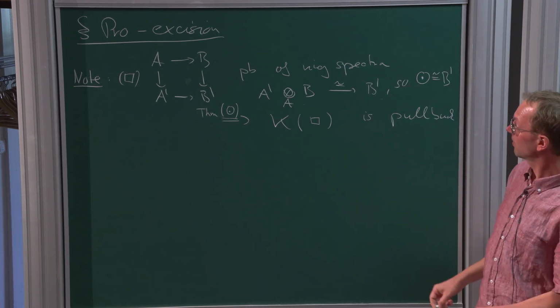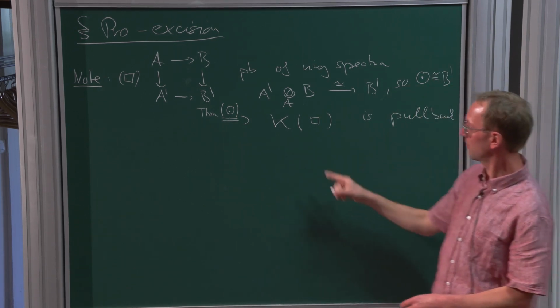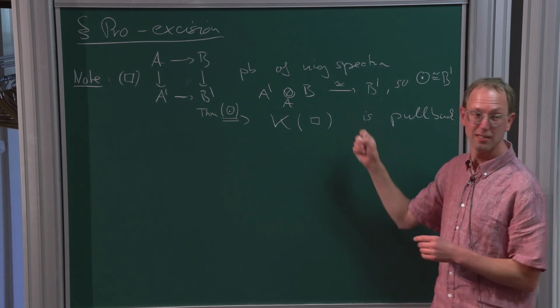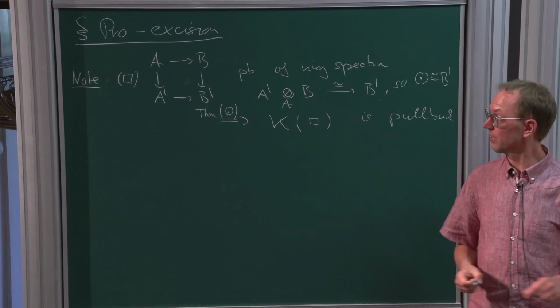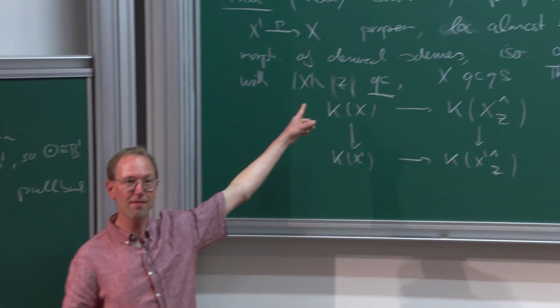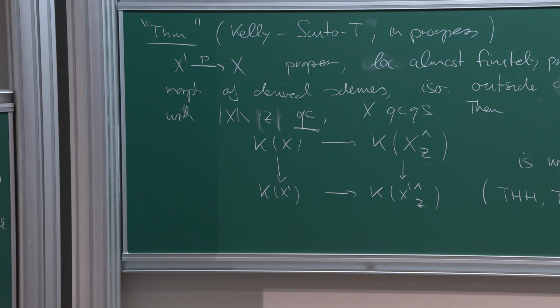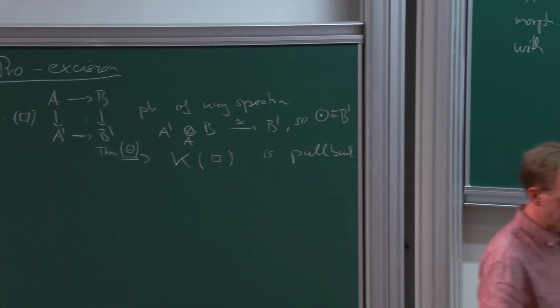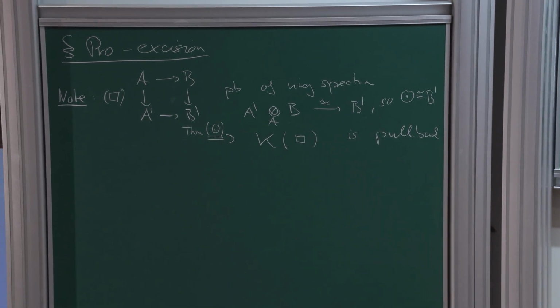And then this Cartesian square from yesterday is just this square. The idea is to show, in this setting, that if everything is affine, then in the pro-sense you precisely have this condition. That's roughly the strategy.